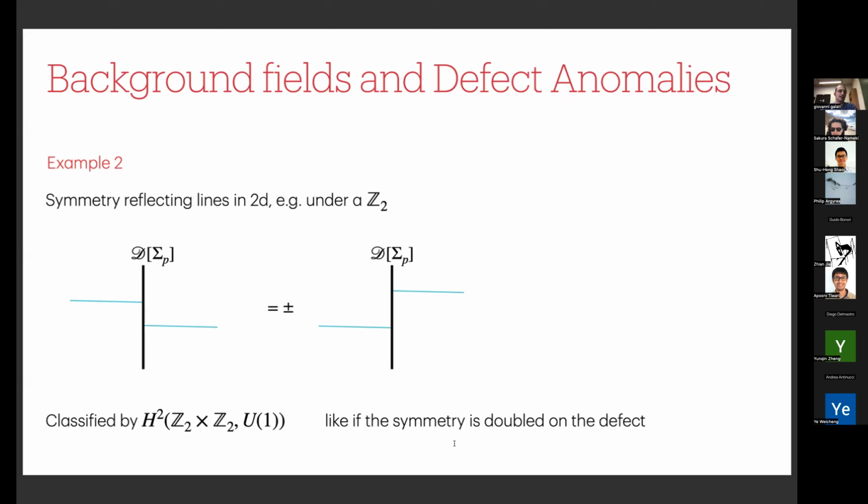For example, if we consider a line in 2 dimensions and we consider it to be symmetry reflecting under a Z2 global symmetry of the bulk, then we know that these Z2 lines can end topologically on D, and then we can consider the situation in which these endpoints cross, and when they cross, generically we will get a phase which is classified by this cohomology group, at least if we don't include fermionic symmetries. So you see that the symmetry is Z2, but the anomaly is classified by Z2 times Z2. And this is again the fact that the symmetry is doubled on the defect.